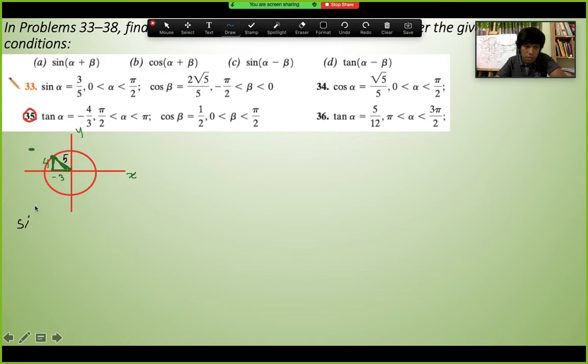Suppose this is the theta, actually this is the alpha here, since this is the math, so alpha is here. So sine alpha will be what? From this question, sine alpha will be 4 by 5. And cos alpha will be what?